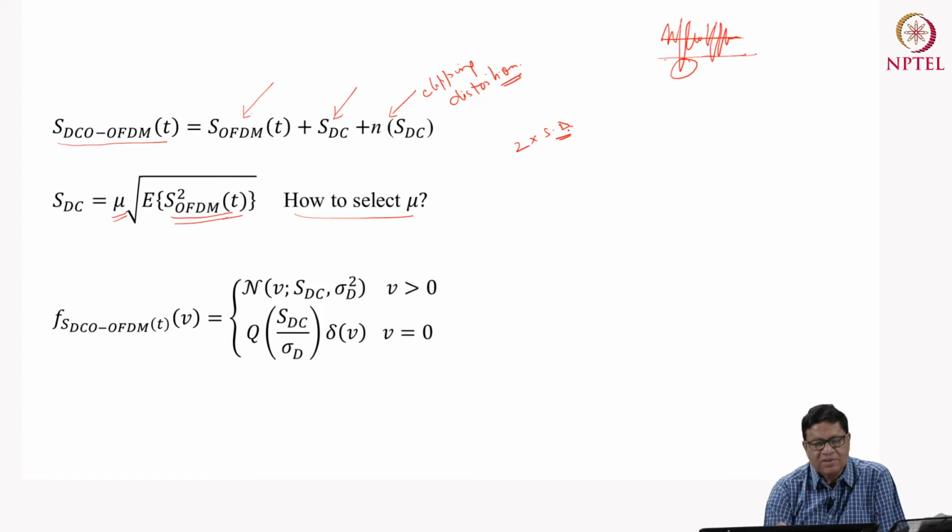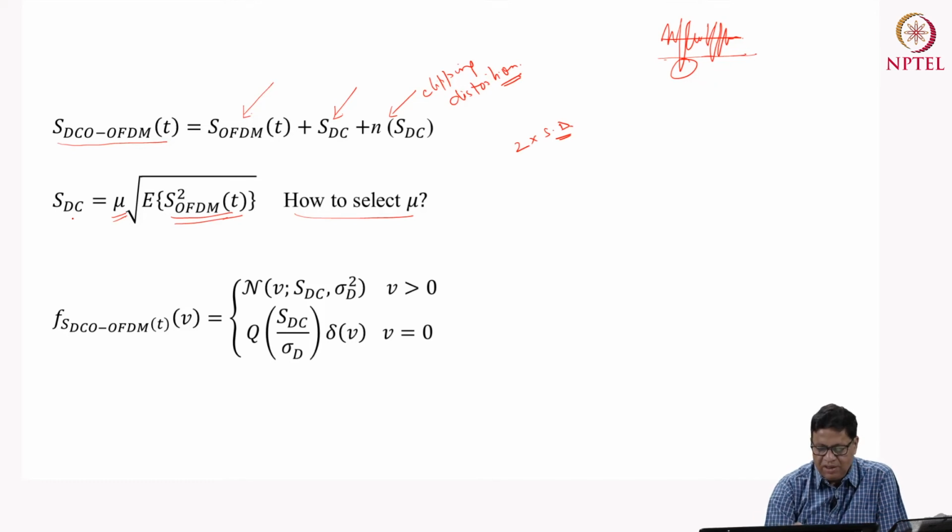So this value is typically 2. So it will be 2 into the expected value of the power of the signal. So this is the DC which is added.